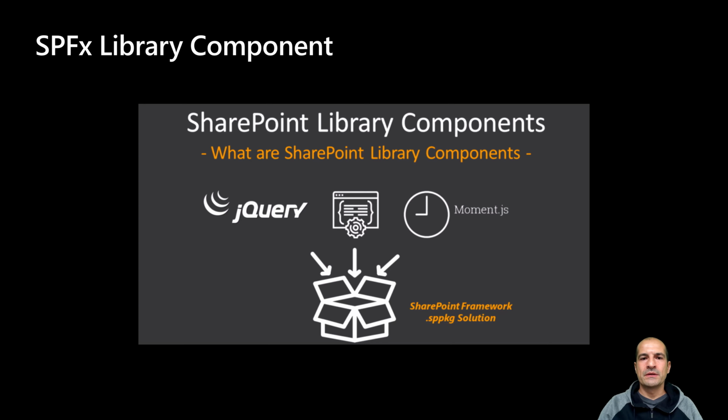You can also create helper methods, for example, where you want to execute business logic specific to your organization, and share this method across all your web parts in your tenant. You can easily do that by creating a library component.